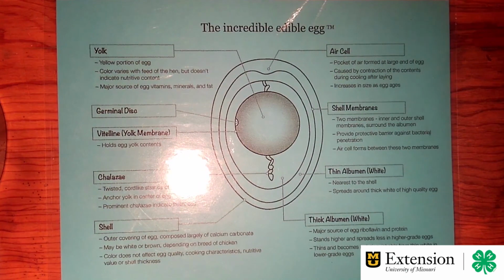I hope you have learned something today about either the development of the embryo or the parts of the egg and their functions. If you have any questions, again, put it in the chat box.